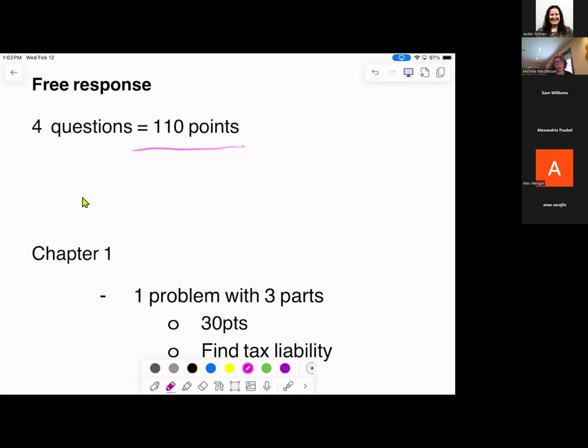Most folks find that that is a good thing because of partial credit, which is typically a really good thing for folks. So with that, show your work.